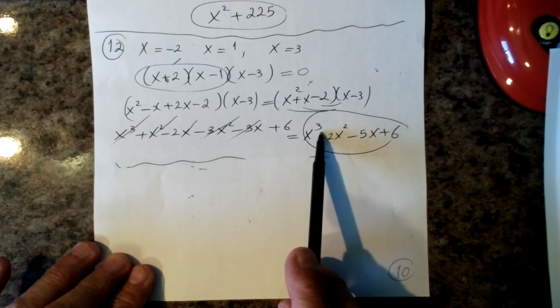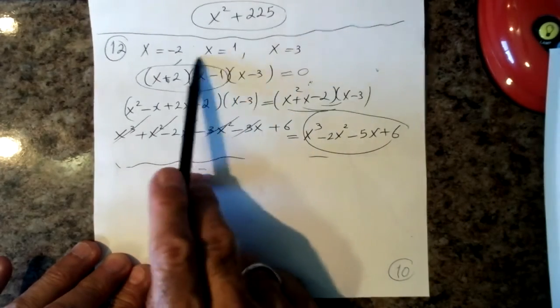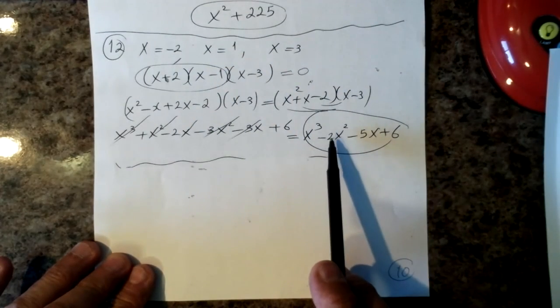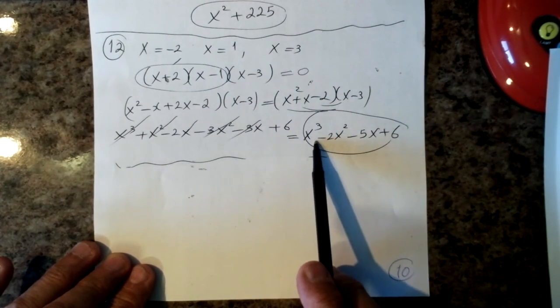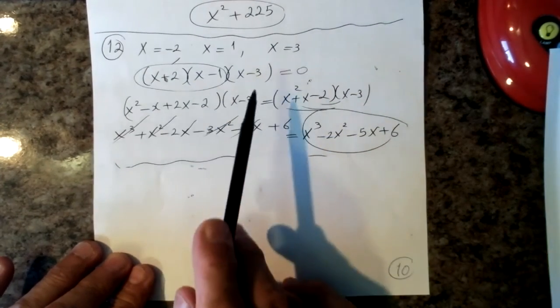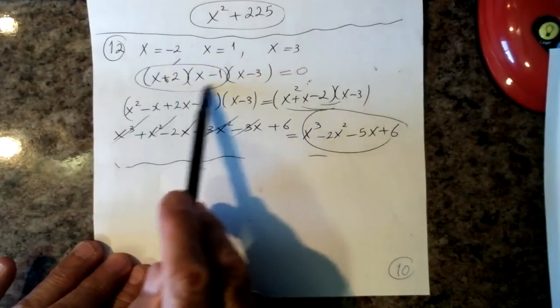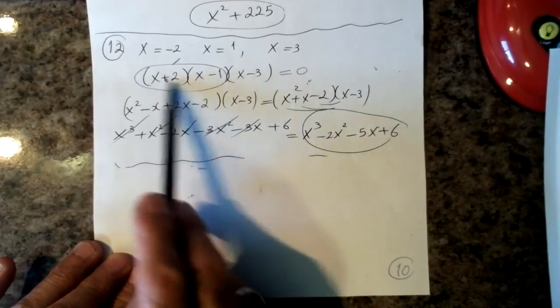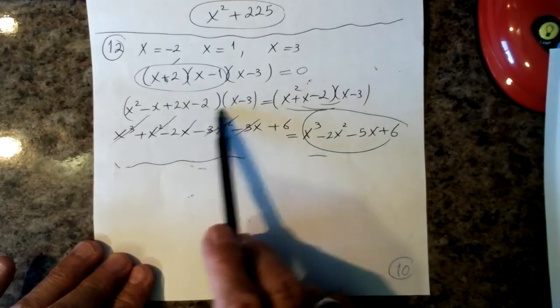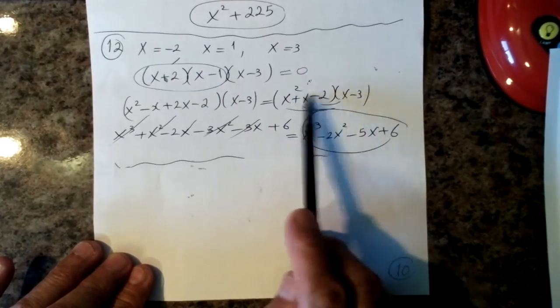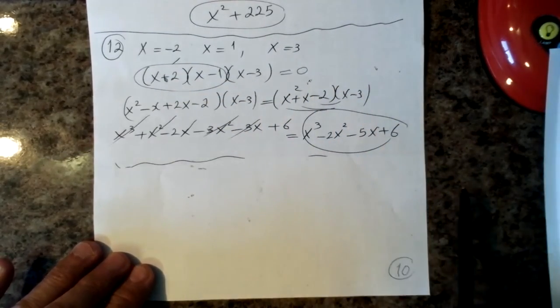Since the highest power is 3, you always have 3 answers, or the total possible answers are 3. So when you have 3 parentheses, I would multiply these two first, simplify it, and then multiply by that one. All right.